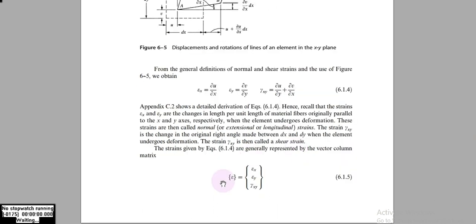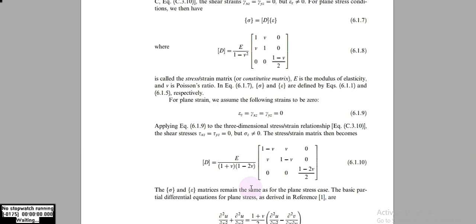You can also show this in vector form, that is epsilon equal to epsilon x, epsilon y, and the shear strain gamma xy.